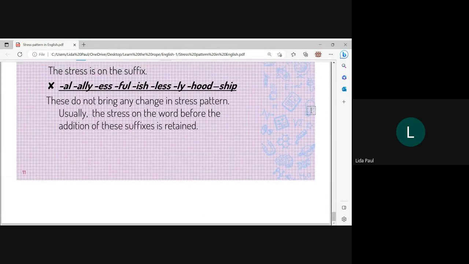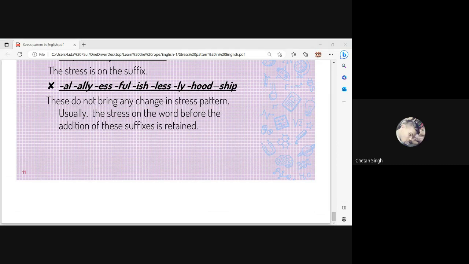This requires a little more explanation. Ma'am, in computer, the vowel sound in the end is a schwa sound, right? Correct. So this is the one that you have. And usually by rule, it will not take the stress on itself because this is a schwa.